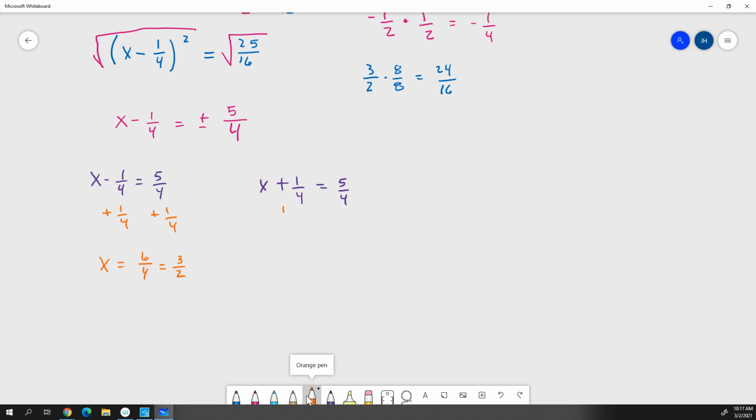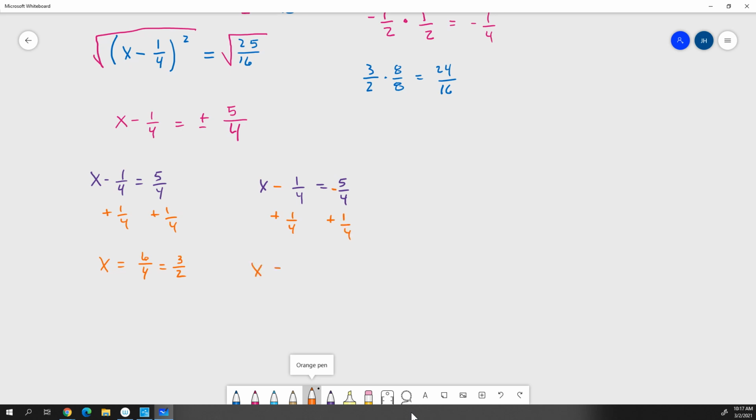Here, in both cases, we're subtracting. I don't know, I'm losing my mind here today, right? I don't change this. I change what this is equal to. So now I have x minus 1/4 equals minus 5/4. So I'm going to still add 1/4 to both sides.